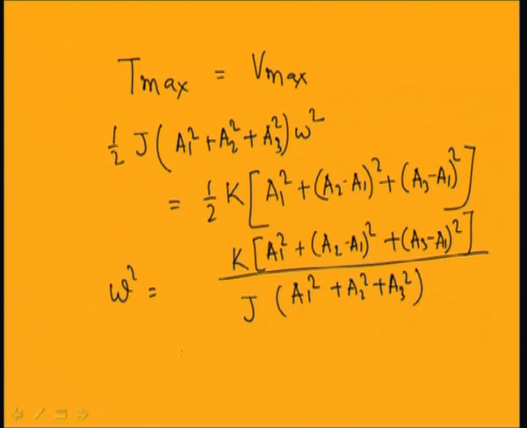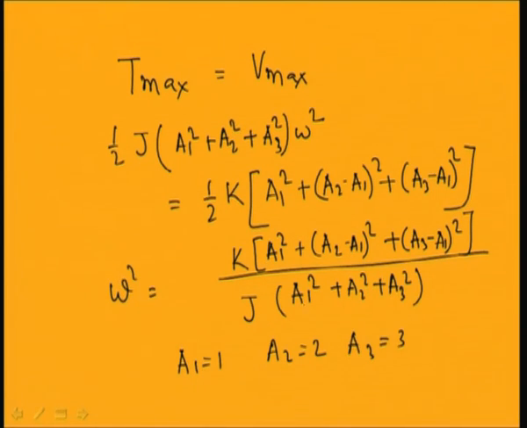By taking A1 equal to 1, A2 equal to 2 and A3 equal to 3, it will be equal to 1 plus 1, 2, and here A3 minus A1 equal to 2, so the square will be 4, so 4 plus 2 becomes 6.